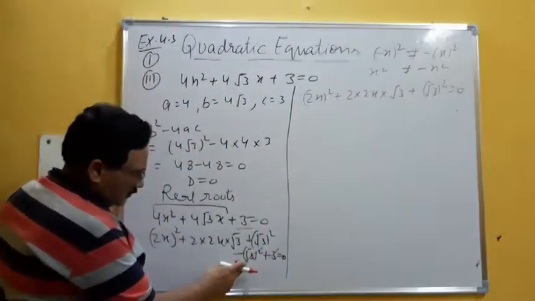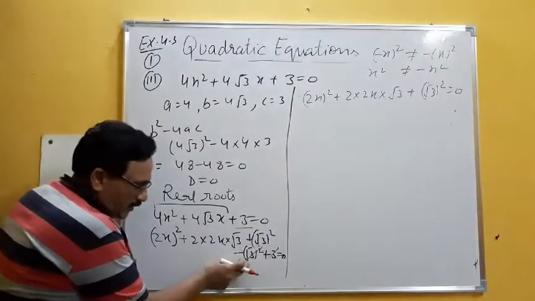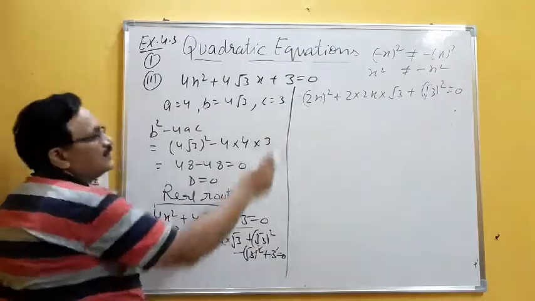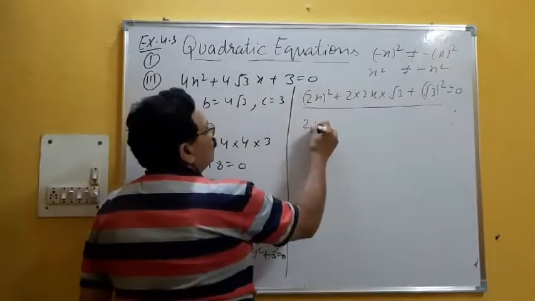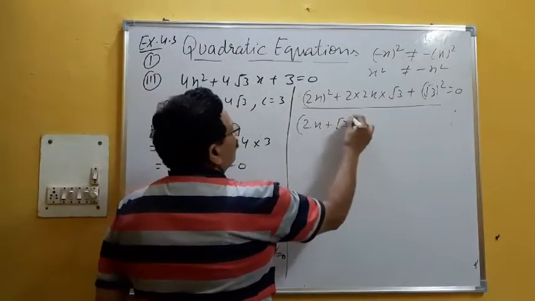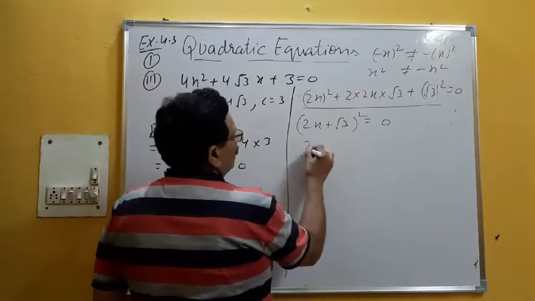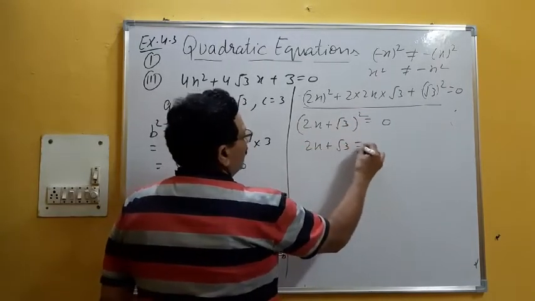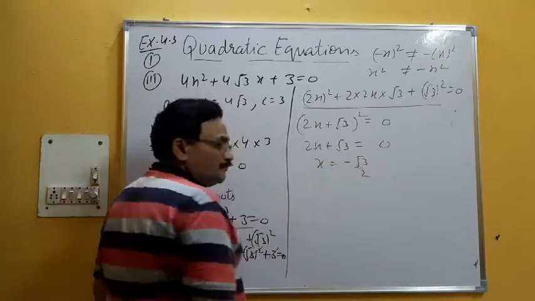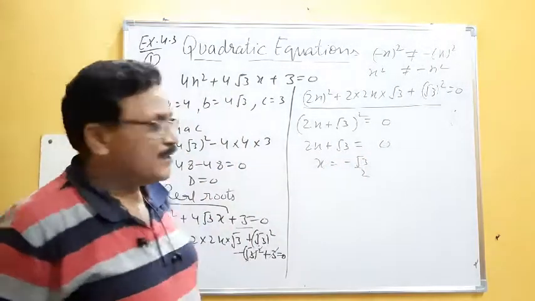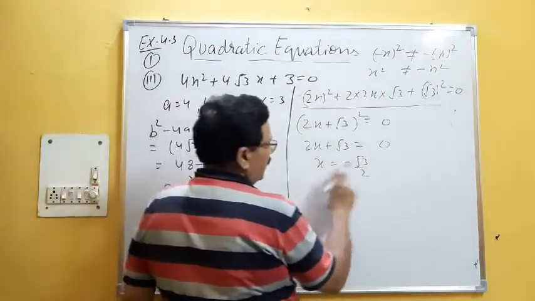So here is minus root 3. Root 3 is inside. This will give you 3. Minus 3 plus 3 cancel. This result is coming, and you can compare this with a plus b whole square. 2x plus root 3 whole square equal to 0. 2x plus root 3 equal to 0, x is equal to minus root 3 by 2. But I suggest you one thing, whenever this answer is coming, write it 2 times.